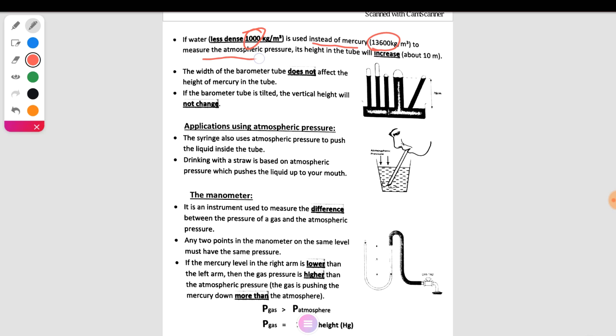Mercury can be used to measure the value of the atmospheric pressure. The atmospheric pressure can be measured by using a device called a barometer, or Torricelli barometer, or mercury barometer.